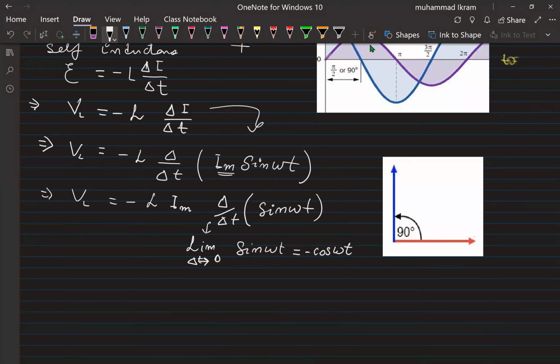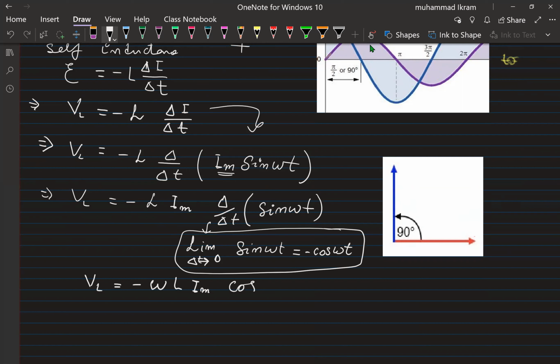Okay, so this is what you will learn in mathematics. For the bio students, you need to remember this statement by heart because I cannot take you into deeper mathematics. So VL equals minus omega L Im into cos omega t, right?